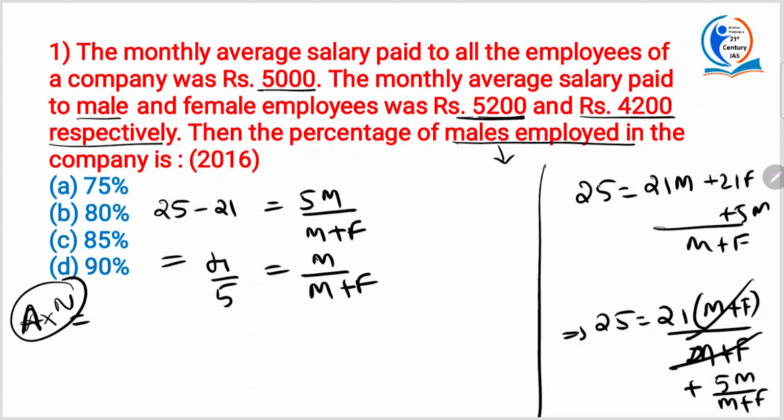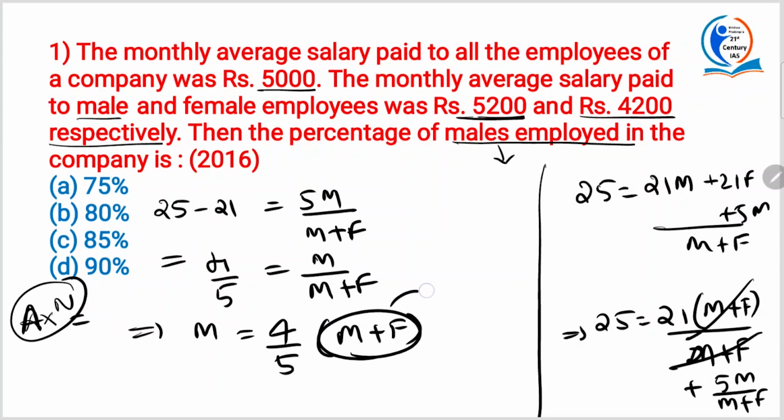So what is M? M is equal to 4 by 5 of (M plus F). M plus F is the total number of employees employed in the company. So M is equal to 80% of the total.